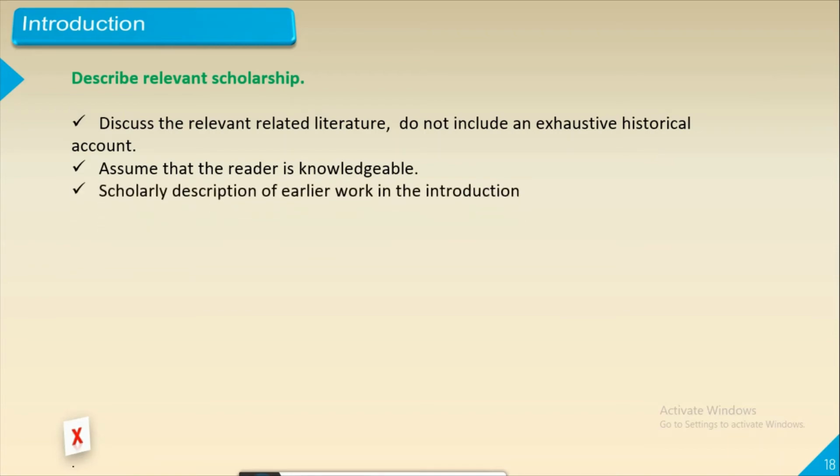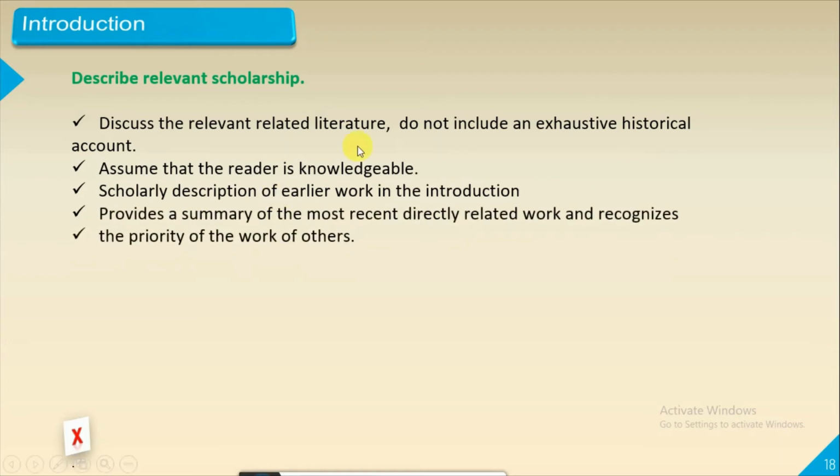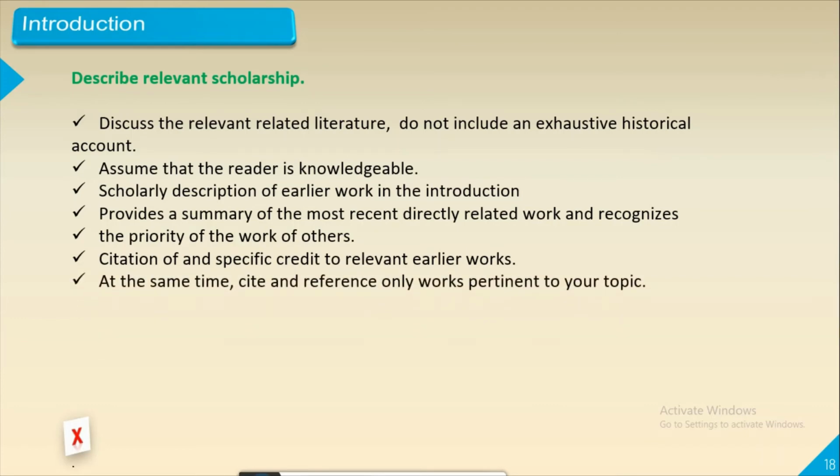Scholarly description of earlier work in the introduction. Provide a summary of the most recent directly related work and recognize the priority of the work of others. Cite and give specific credit to the relevant earlier works. At the same time, cite and reference only works pertinent to your topic.